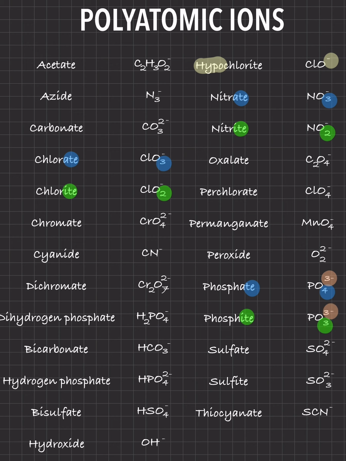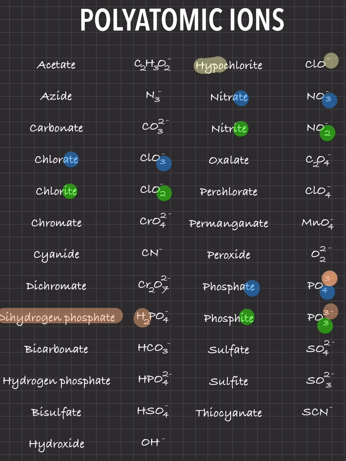But now this is something I want you to notice. When you have hydrogen, remember, when you talk about protons, which is H plus, for those of you that haven't learned that yet, that's positive. So if I go from phosphate to dihydrogen phosphate, I'm adding a positive 2 because I'm adding 2 protons.